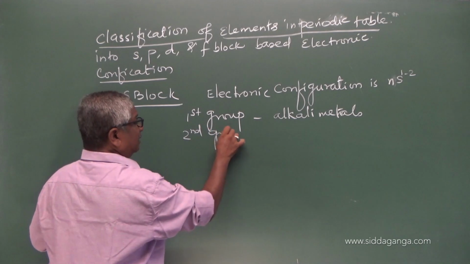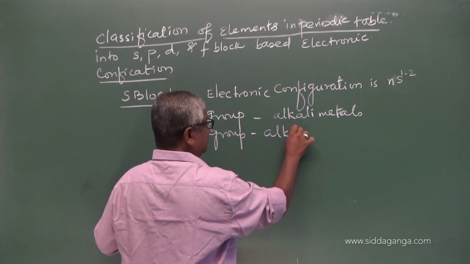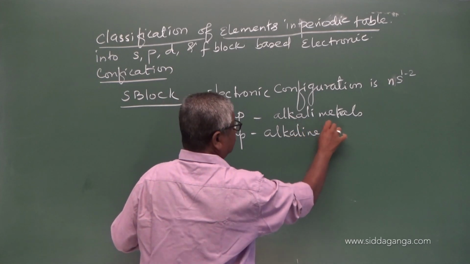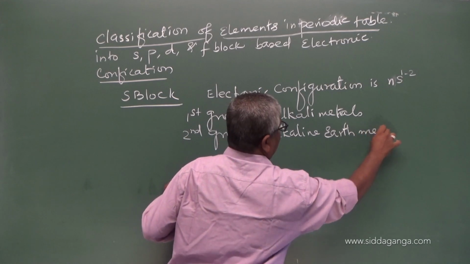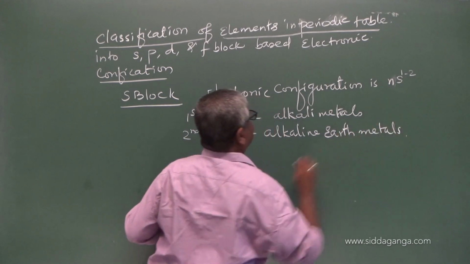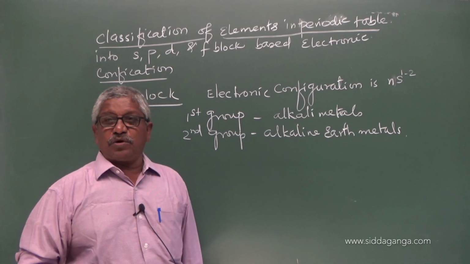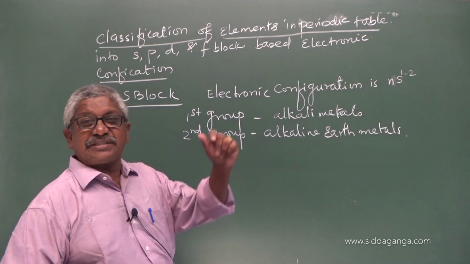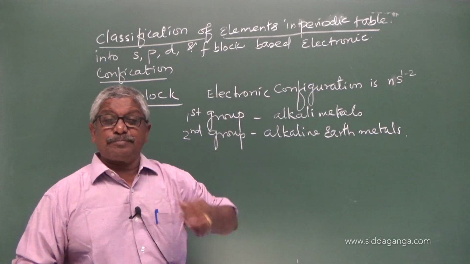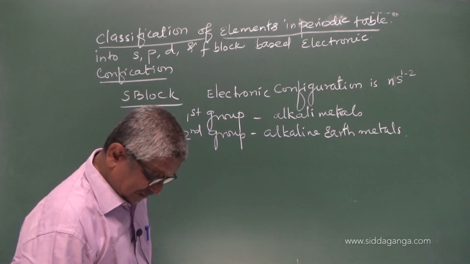Second group is called alkaline earth metals. So for the electronic configuration ns1 or 2, the first group elements are called alkali metals and the second group elements are called alkaline earth metals.